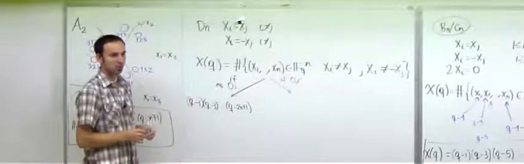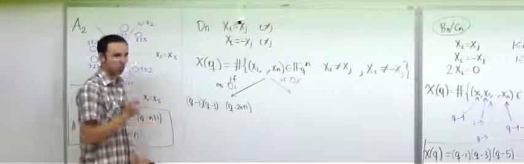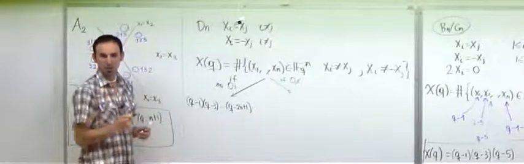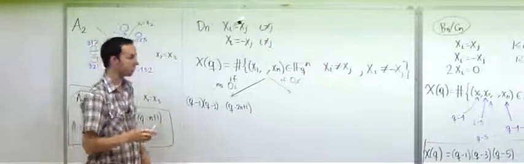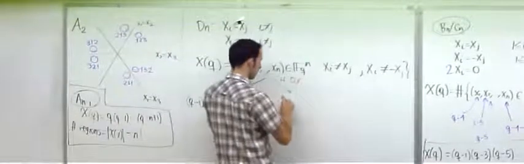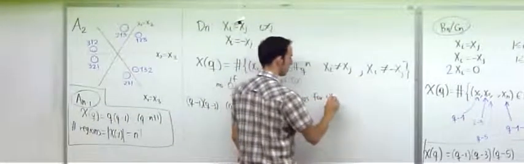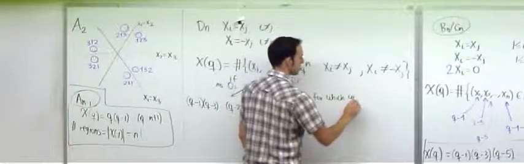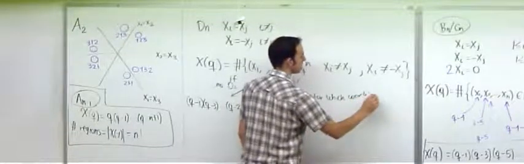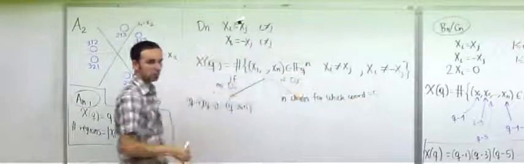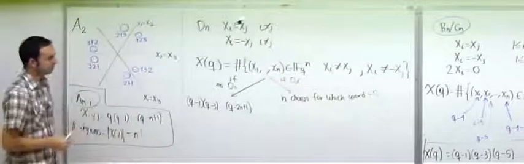Okay? So let's decide where we're going to put it. And there's n possibilities for what position that is. Okay? So n choices for which coordinate equals 0. Is it the first coordinate, the second coordinate, and so on.